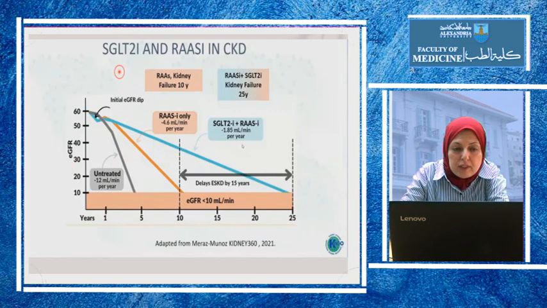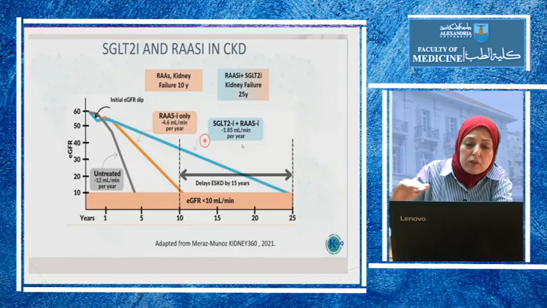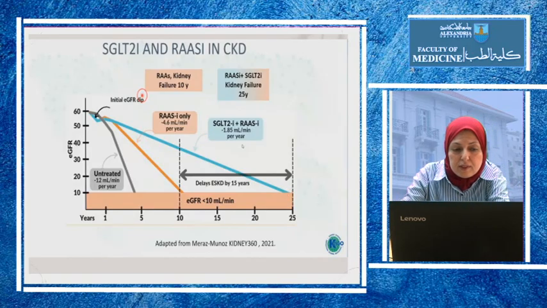Now, the addition of SGLT2 inhibitors to RAS inhibitors has improved the potential for slowing progression of chronic kidney disease. So if we take an example of a patient, and these are all projections, actually SGLT2 inhibitors are relatively new drugs. They have only been on the market since 2013, so they have not passed 20 or 25 years, but this is projected based on the GFR decline after giving these treatments.